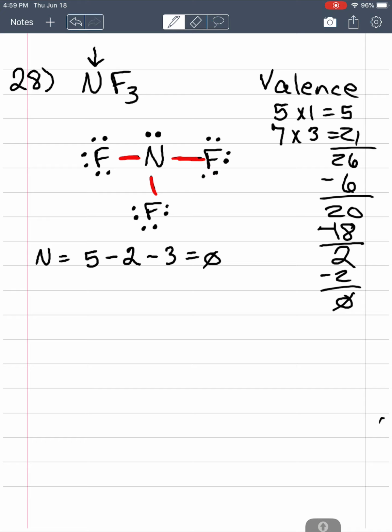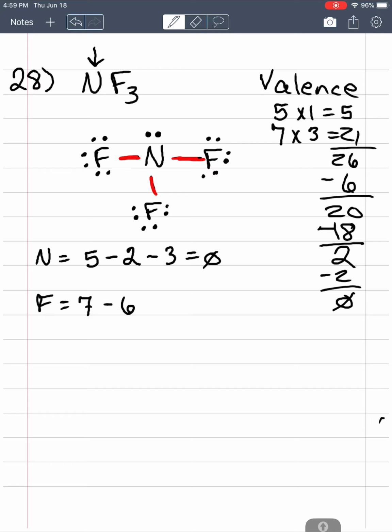Now, all 3 of these fluorines are identical. They all have 1 bond and 6 lone pair electrons. They're all in group 7, so we really only have to calculate one of them because the other 2 will be the same. Fluorine is in group 7, so it has 7 valence electrons.